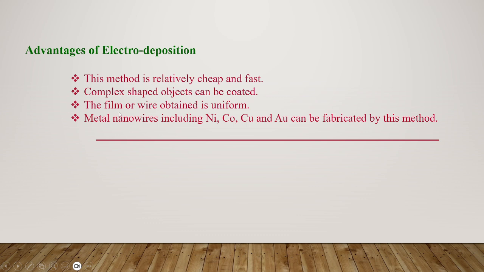We can get a thin film or a thin wire, both obtained in a uniform manner, and metal nanowires including nickel, cobalt, copper and aluminum can also be fabricated by this method.